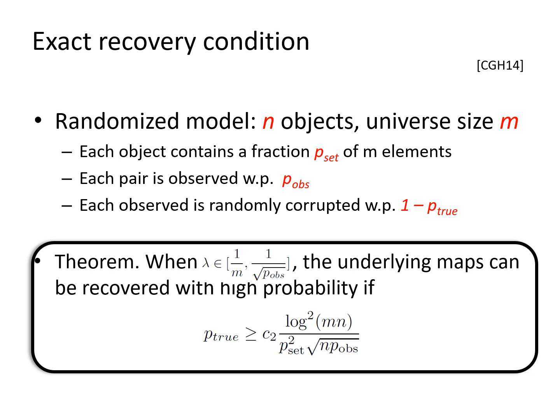The p_set squared term depends on the overlapping ratio. If p_set is small, then the expected number of correct correspondences between a pair of objects is small, so p2 has to be big. The rest is very similar to the case of complete objects, the permutation case.